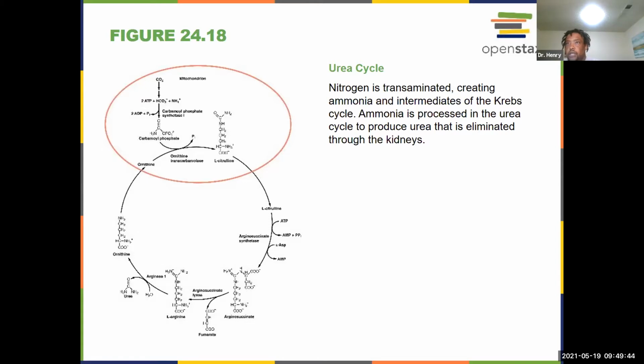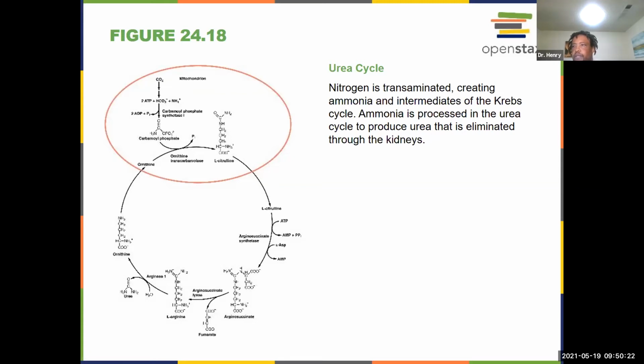Then it's going to take that ammonium and attach it to the carbonyl phosphate. Then the carbonyl phosphate is going to lose the phosphate to make inorganic phosphate.